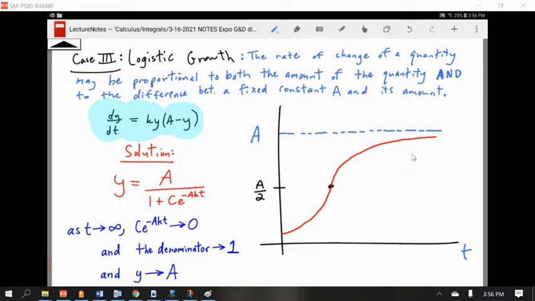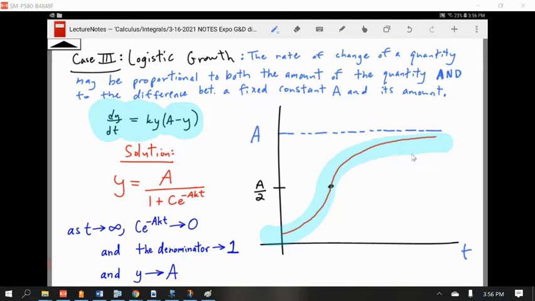So logistic growth starts out exponential. It looks like exponential growth, and then it flips into what is called negative decay. It's technically still going up, since the slopes of the tangent lines are positive, but it doesn't fit the definition of growth because the exponent would be negative at that point.